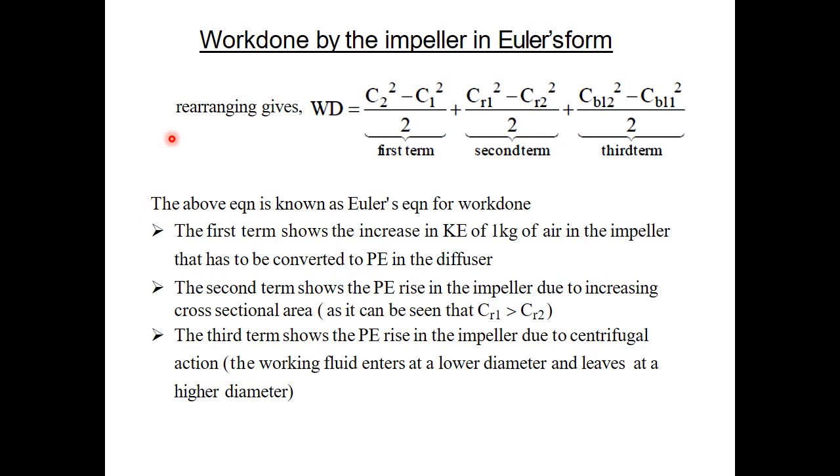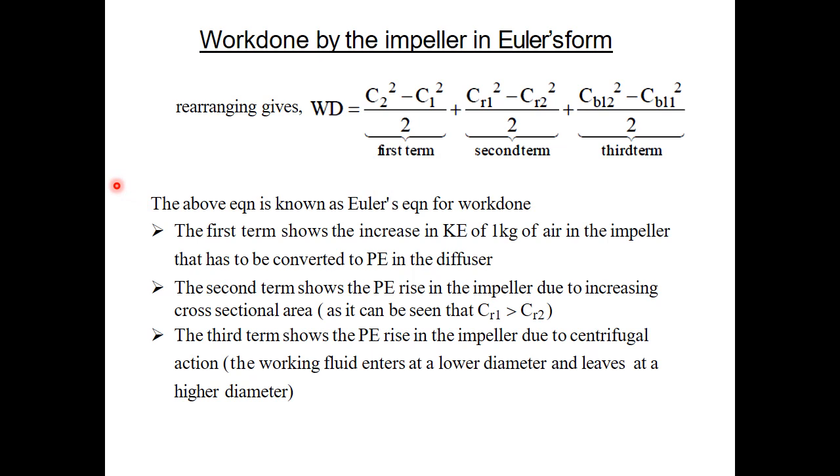Now rearranging the previous equation, we will get the final form for work done. Work done WD equal to C2 square minus C1 square divided by 2 plus Cr1 square minus Cr2 square divided by 2 plus Cbl2 square minus Cbl1 square divided by 2.